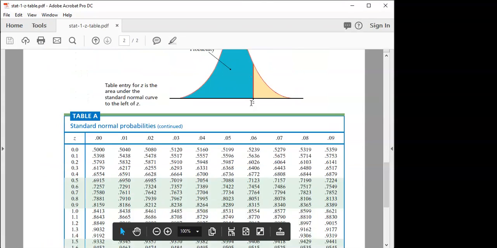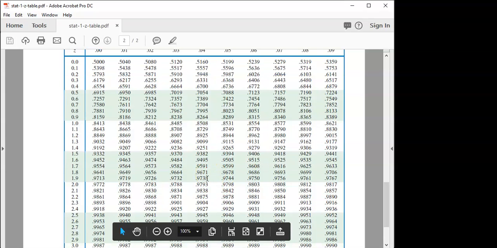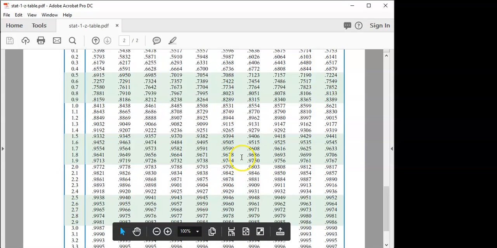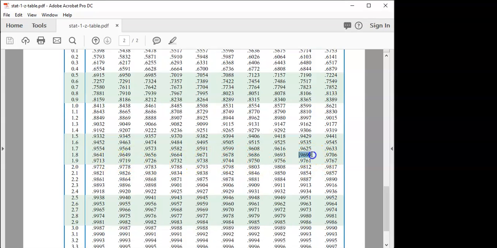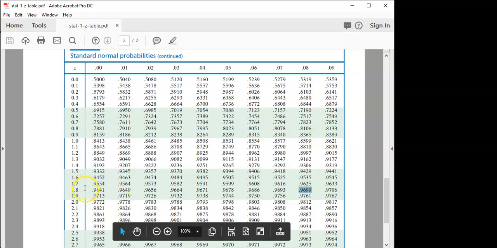Let's go to 97%. And let's look up 97% somewhere here. 0.9700, or the closest to it. To me, this one's the closest. 0.9699. That's 1.88. Do you see it? 1.88.